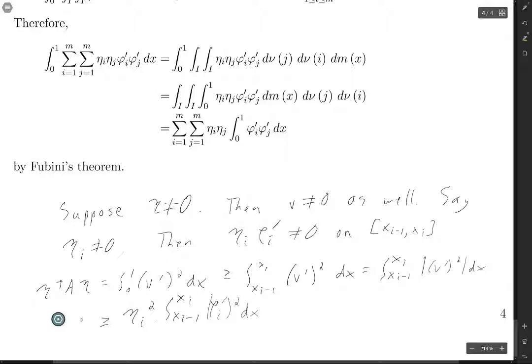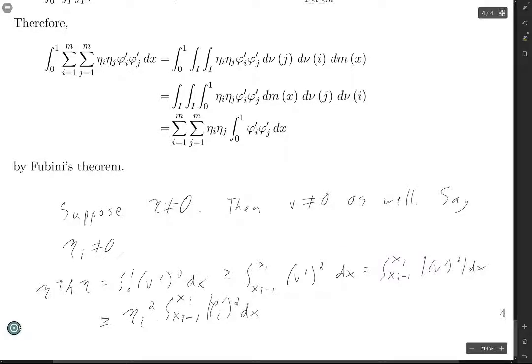But now we know that we don't even need this part.